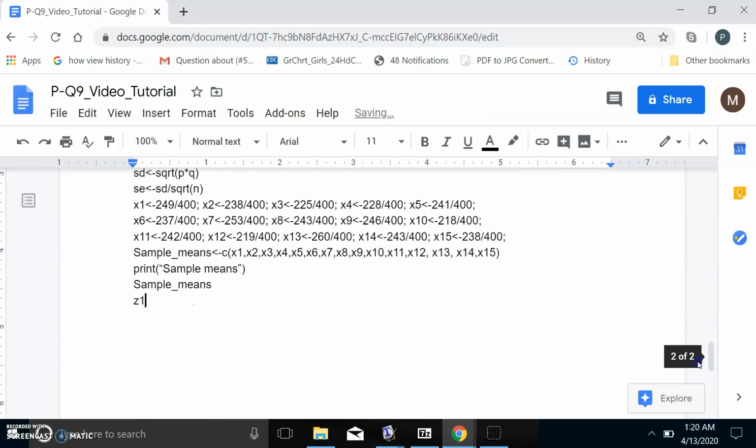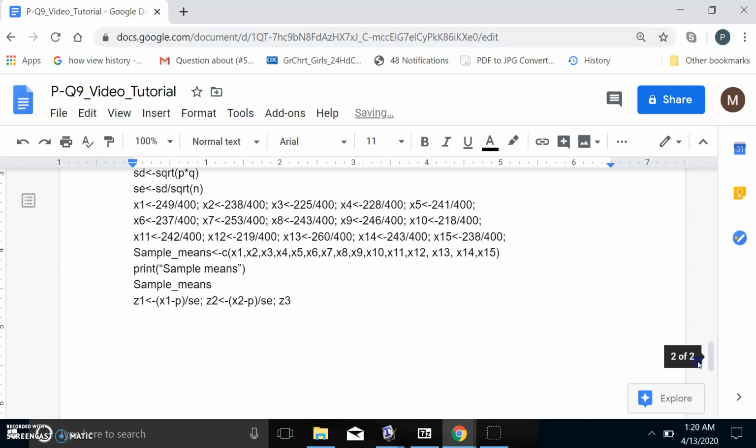So z1 would be our x1, that's our x bar for this one, minus our p divided by SE. Moving on to the next one, z2 would be x2 minus p divided by SE.